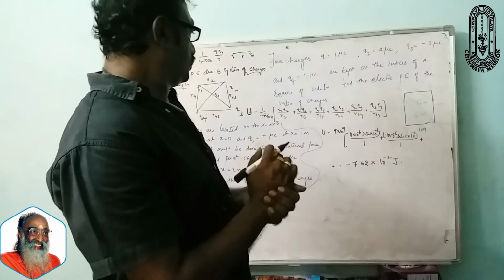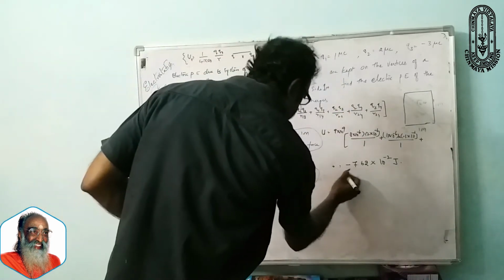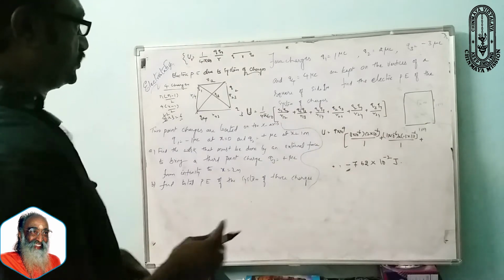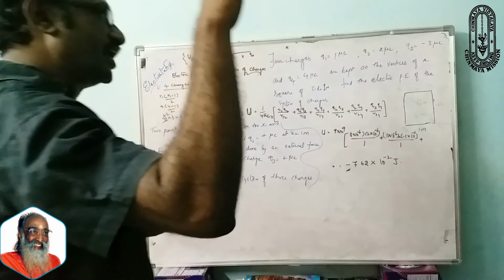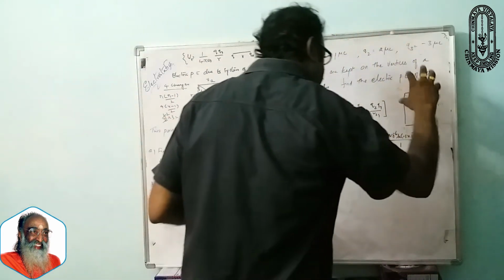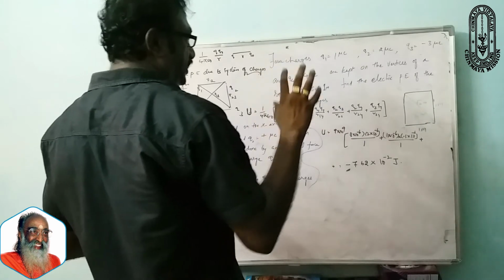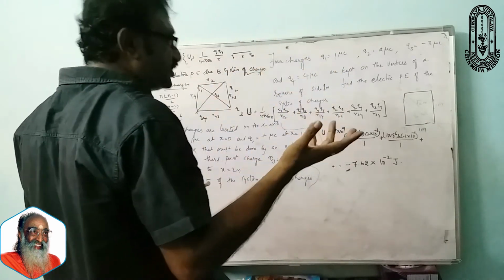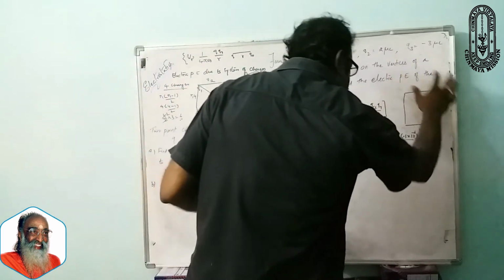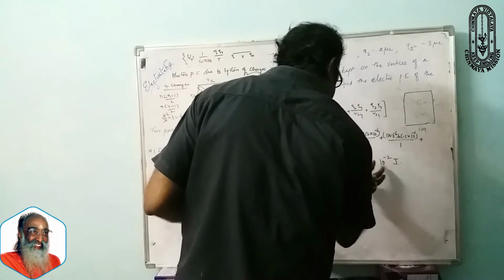Right, now after writing this answer here, you might have observed a negative sign. So for bringing the charges and keeping them here, some work is done, and we already know that this work is associated with potential energy. Here the system potential energy is negative.